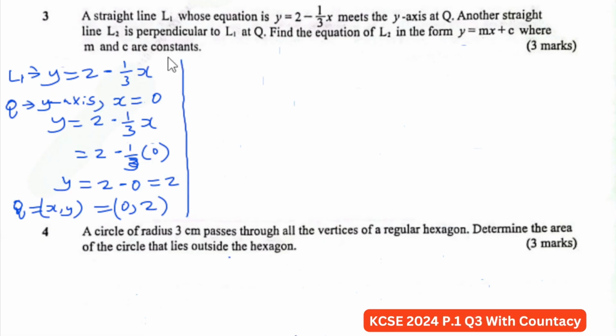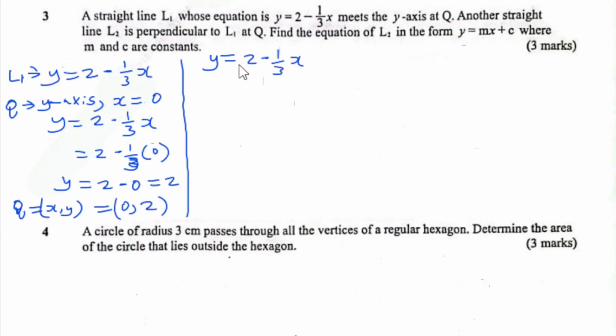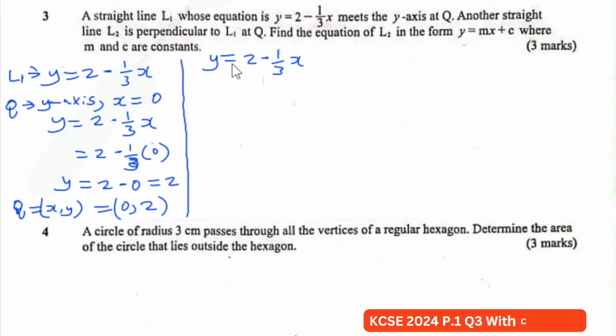So we have L1: y equals 2 minus a third x. Let's see whether this equation can help us to find another thing. And definitely it's possible to get another value out of this, and that is the gradient of this line.